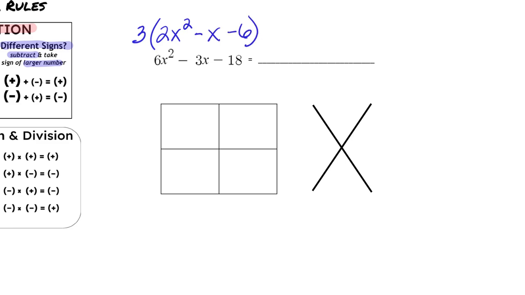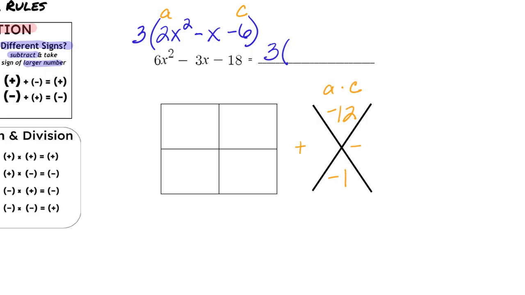So I am going to move that 3 down here as part of my solution, and I'm going to ignore it. So now my new a is 2, and my new c is negative 6. So when I go to multiply a times c, this would be a negative 12, and my sum would be a negative 1. Now I see that I have a negative product, so I have one of each sign.